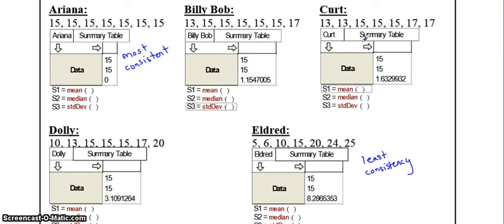And you might have said Billy Bob or Kurt or Dolly for some other reasons, but what I want you to focus on is this consistency. This calculation here, STD-DEV, stands for standard deviation.